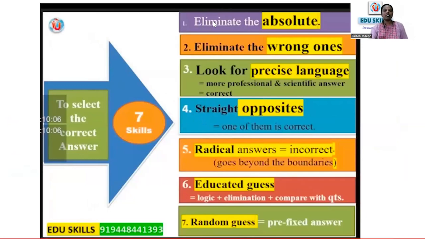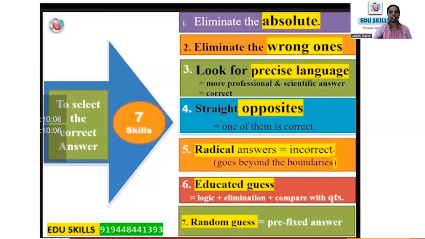So now, to select the correct answers, there are 7 skills according to the Father strategies. First, after reading the questions and the answer options, as a medical professional and following the strategies, you can eliminate some of the answers so that it will be easy to find the correct answer. Before reading the text itself, you can just analyze.